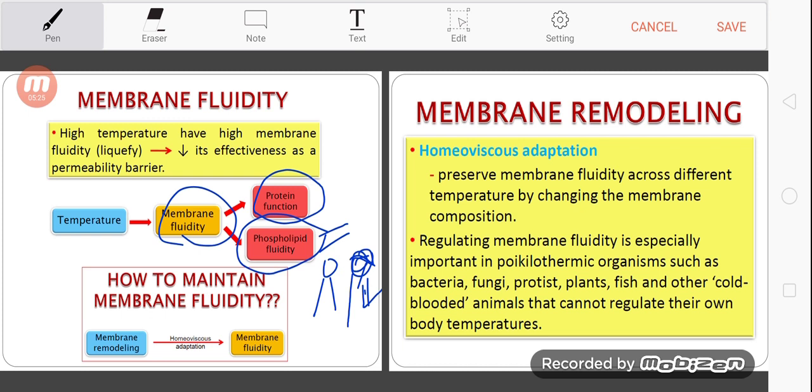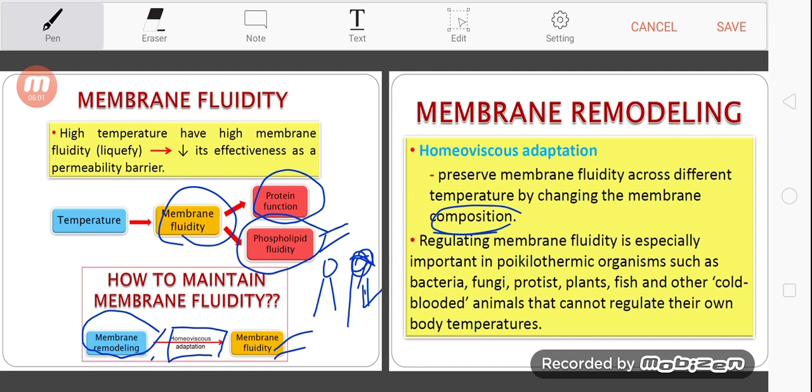So how do we maintain membrane fluidity? By remodeling the membrane, which we call homeoviscous adaptation. This remodeling alters the fluidity of the membrane. Homeoviscous adaptation preserves membrane fluidity across different temperatures by changing the membrane composition.